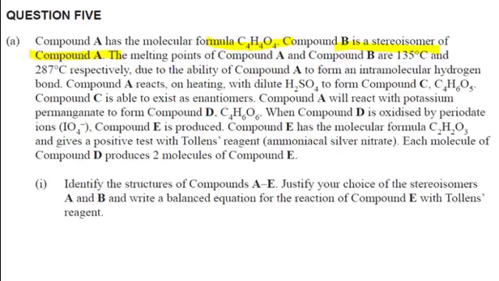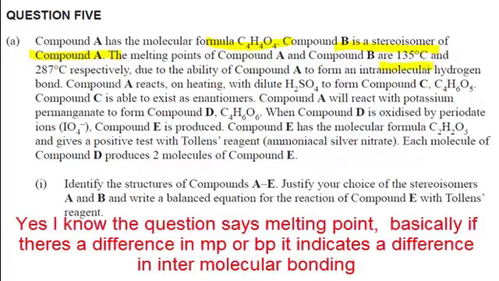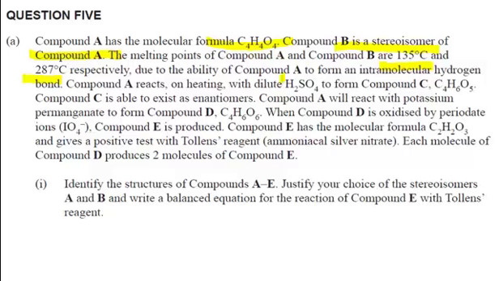So compound B is a stereoisomer of compound A, and they have a difference in boiling points, so that means differences in the type of intermolecular bonding. It says compound A can form an intramolecular hydrogen bond. It reacts on heating with dilute sulfuric acid to form compound C. That reaction should get you thinking about what's possible with sulfuric acid.